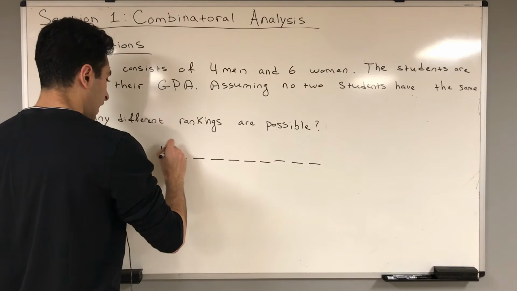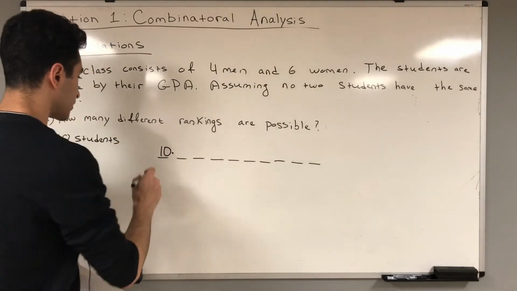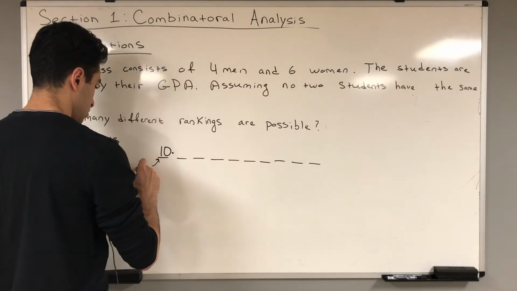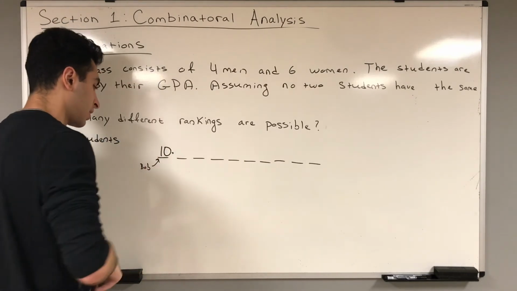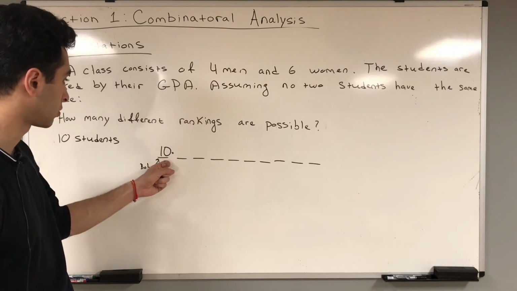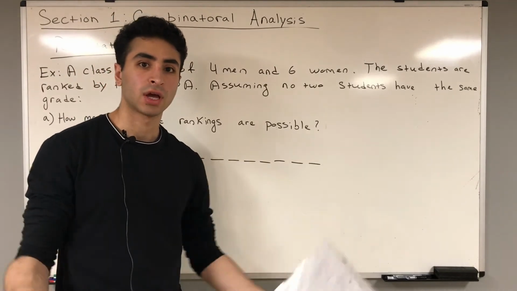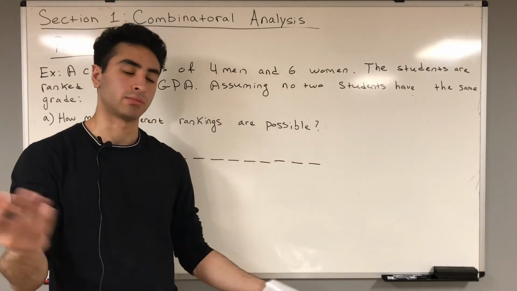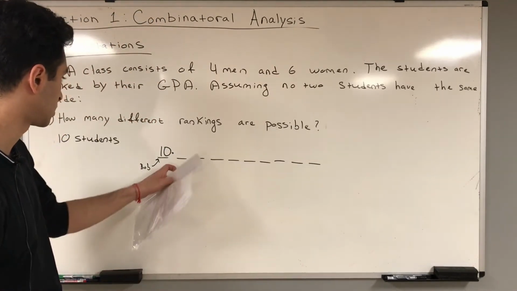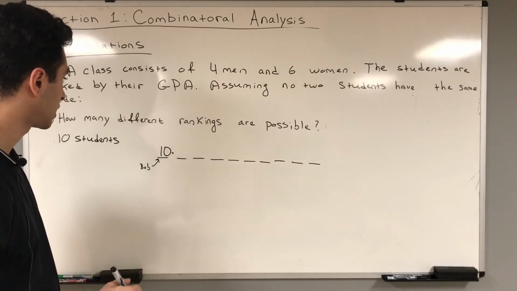So experiment 1 has 10 outcomes. Let's say we choose Bob, and he's in first place. He had the highest GPA, so Bob is out of the 10 students, right? So we have 10 students to choose from. We chose Bob. So 10 students to choose from in experiment 1, 10 outcomes.